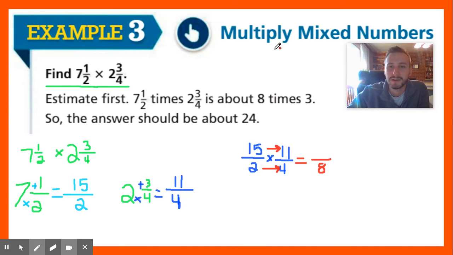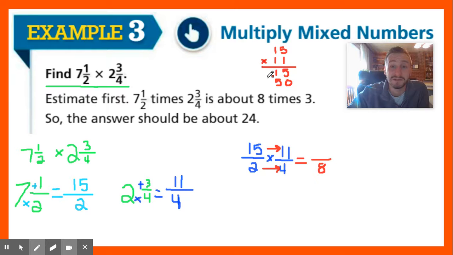So let's do it up here. 15 times 11. 1 times 5 gives you 5. 1 times 1 is 1. When you're moving to the next digit, put a placeholder of 0. 1 times 5 is 5.